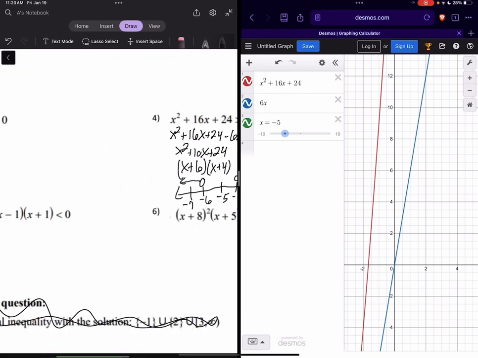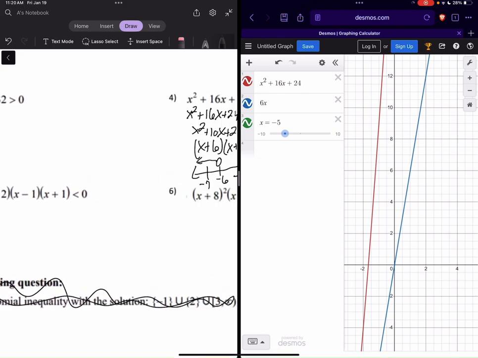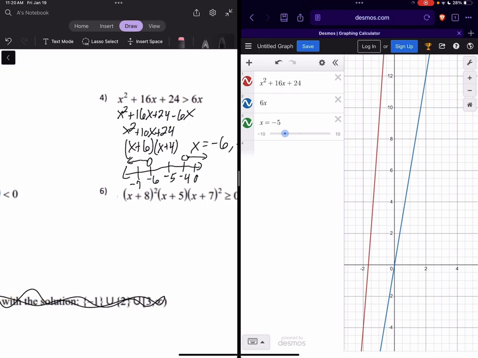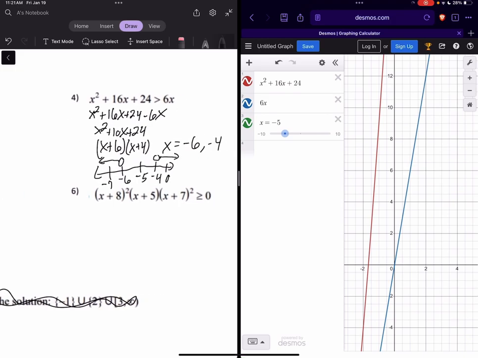Okay, let's move on. The next one I want to do is number 5. You know what? I'll do number 6. My solutions: x minus 8, x minus 5, equals, not just minus, and x equals -7.